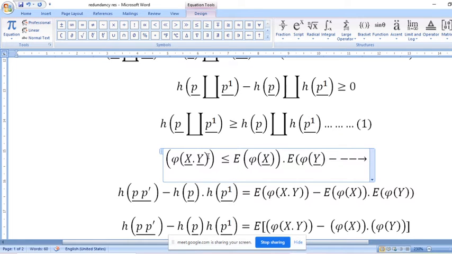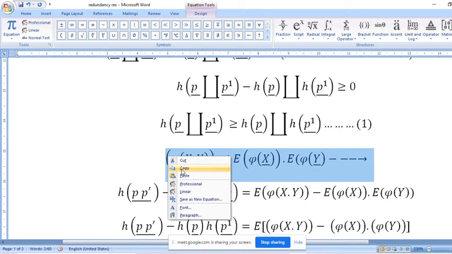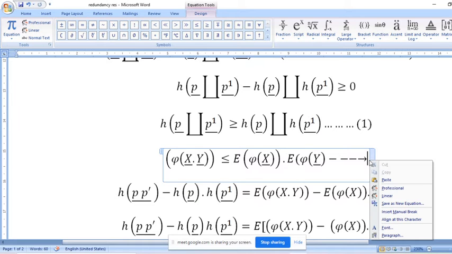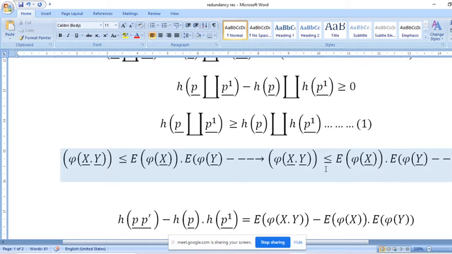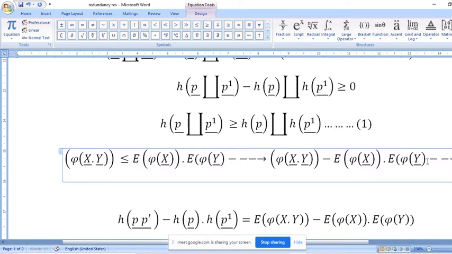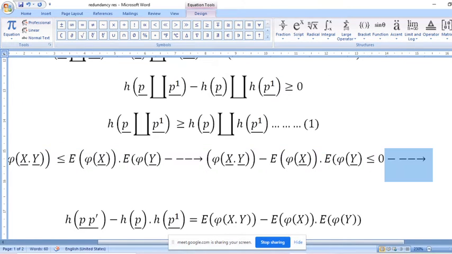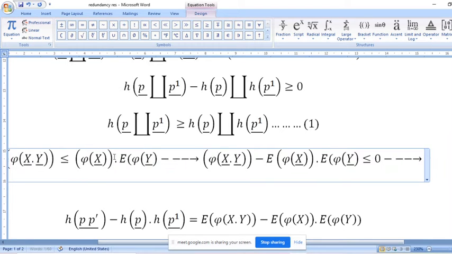So this implies, what we can write, the variation, second, minus, less than or equal to 0. Okay. We can remove this.